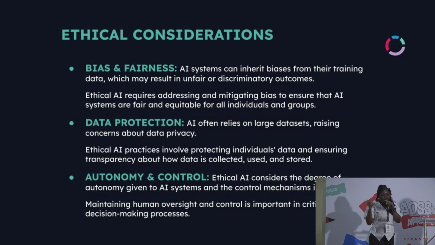Now, I'll give an example. Let's say I asked ChatGPT what is suitable for the role of an engineer or a construction officer, and ChatGPT tells me this role is only suitable for males.